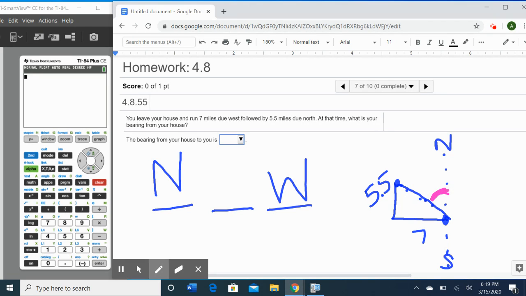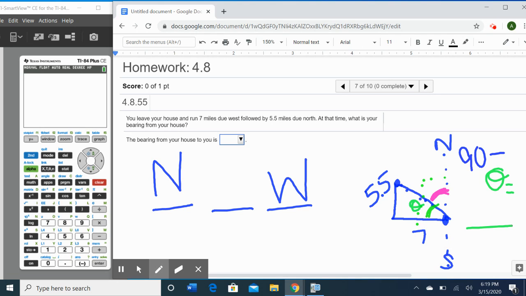But what I actually have is the ability to find this angle in here, and I know that this is in total a 90-degree angle. So once I find the green angle, which we'll call theta, I'm going to take 90 minus theta, and that's going to give me my answer. That goes in that blank.